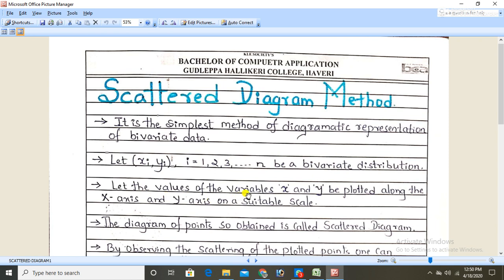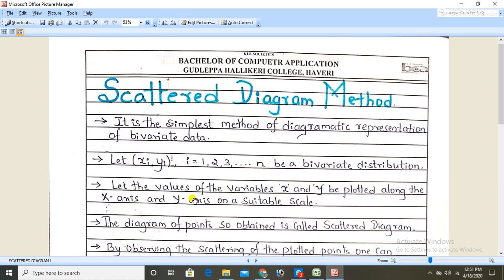Let the values of these variables, x and y, be plotted along the x-axis and the y-axis on a suitable scale. Meaning, the values of variable x will be plotted on the x-axis and y on the y-axis. It is a two-dimensional graph, taking a suitable scale.